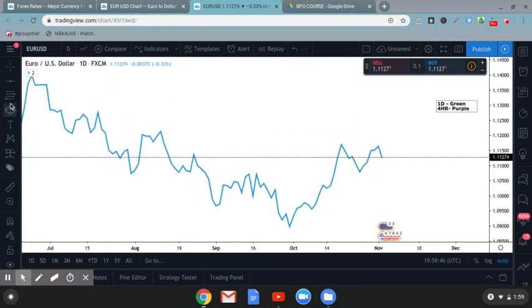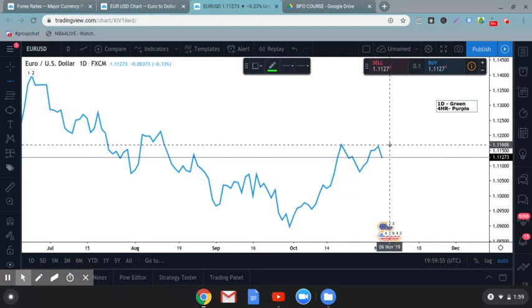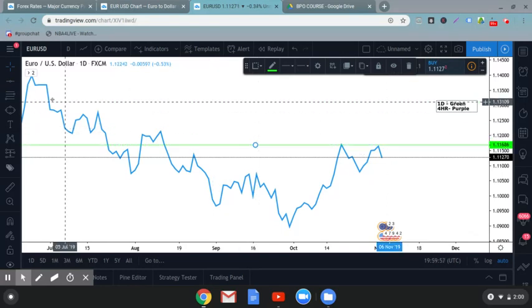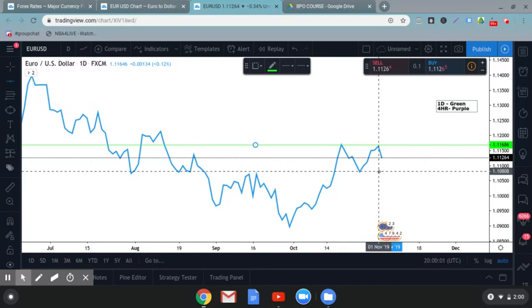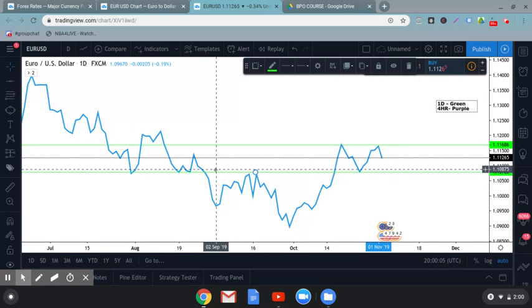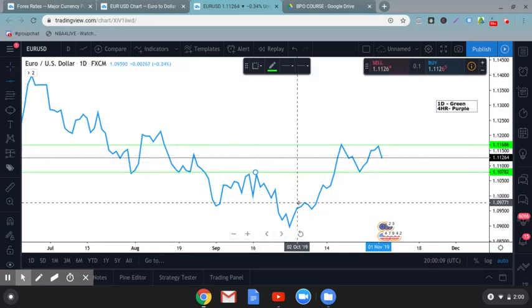So I'd come on here, grab my 1 day because we're on the 1 day chart, and I'll start marking where price goes through multiple times. Everybody's is going to be somewhat different, guys.